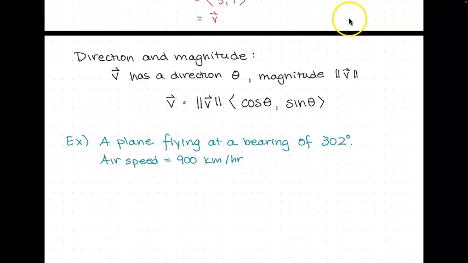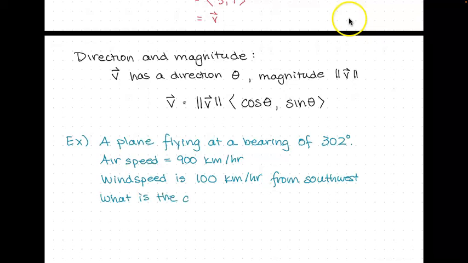Wind speed is 100 kilometers per hour from the southwest. What is the ground speed and direction of the plane?